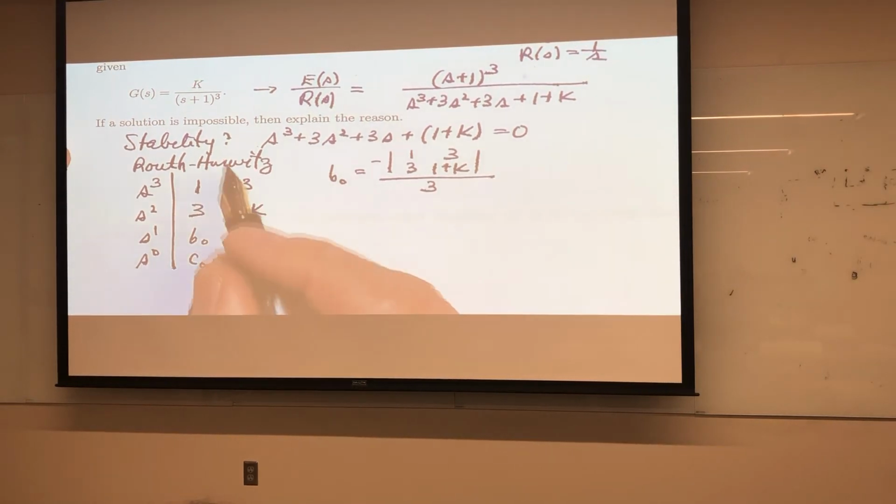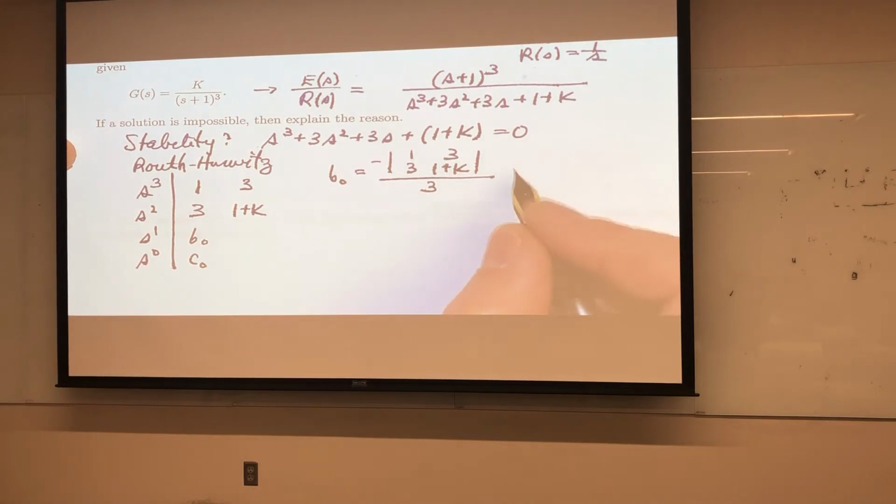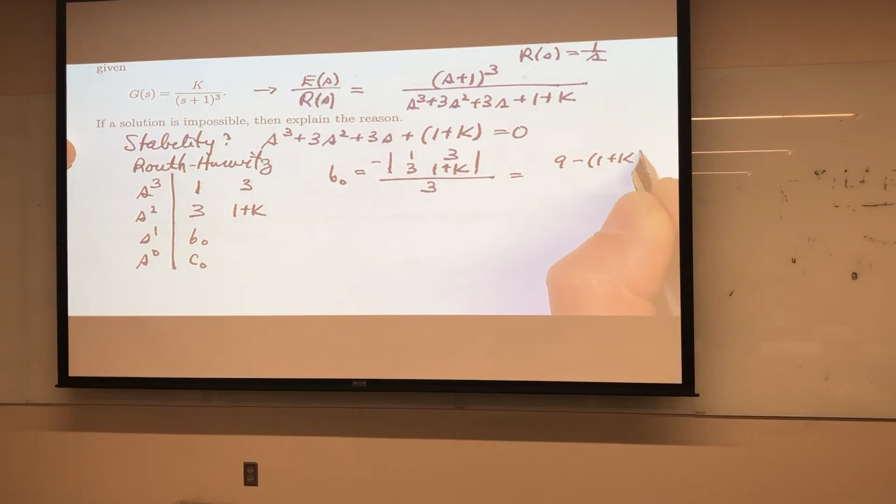So you'll want to review the Routh-Hurwitz process. And so basically, this ends up giving us, if I do my math correctly, I think this is 9 minus 1 plus k over 3.